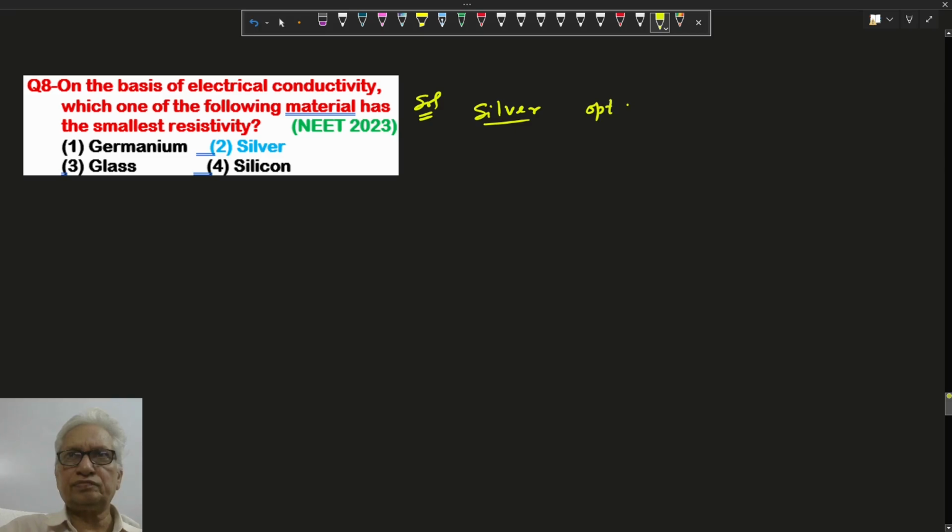Conductivity's reciprocal is resistivity, so minimum resistivity.